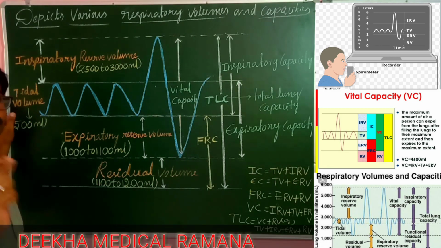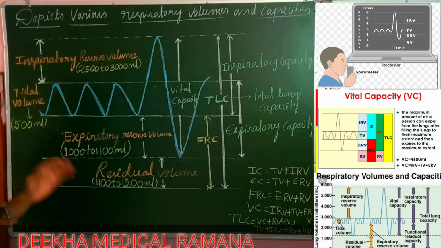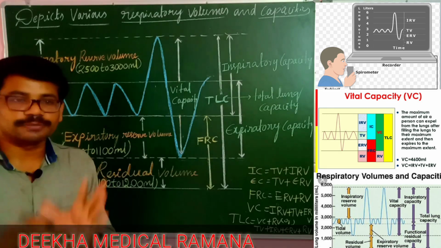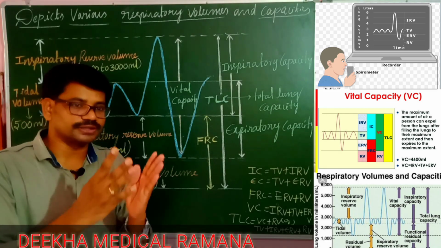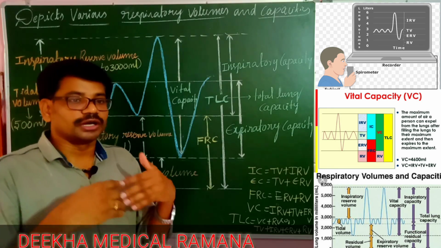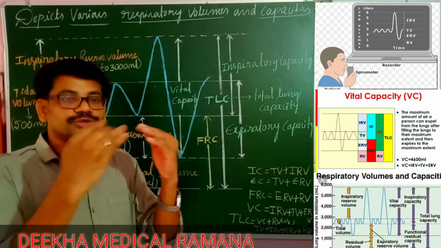The adult healthy human being can inspire and expire 500 ml of air, right? Per minute, this 500 ml of air is multiplied by 12 or 16, because 12 is the respiratory rate, that means the number of breaths taking place during 1 minute.